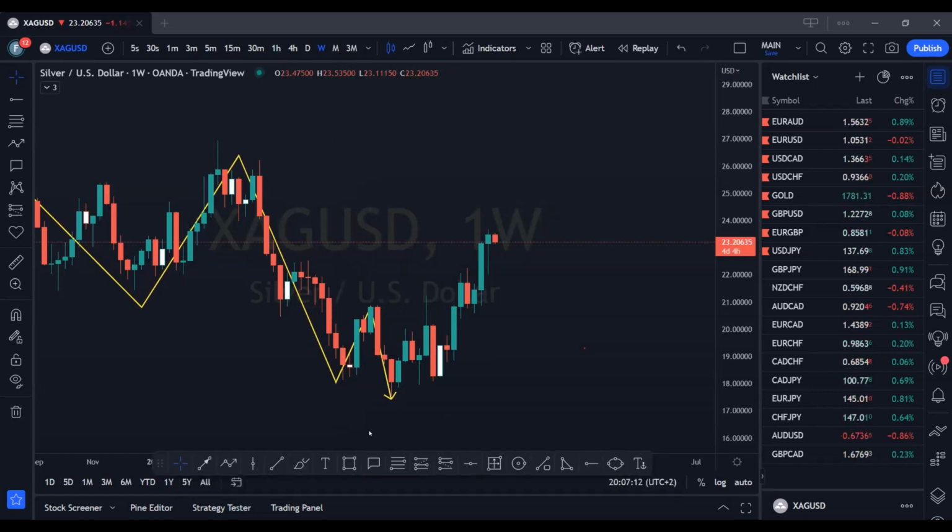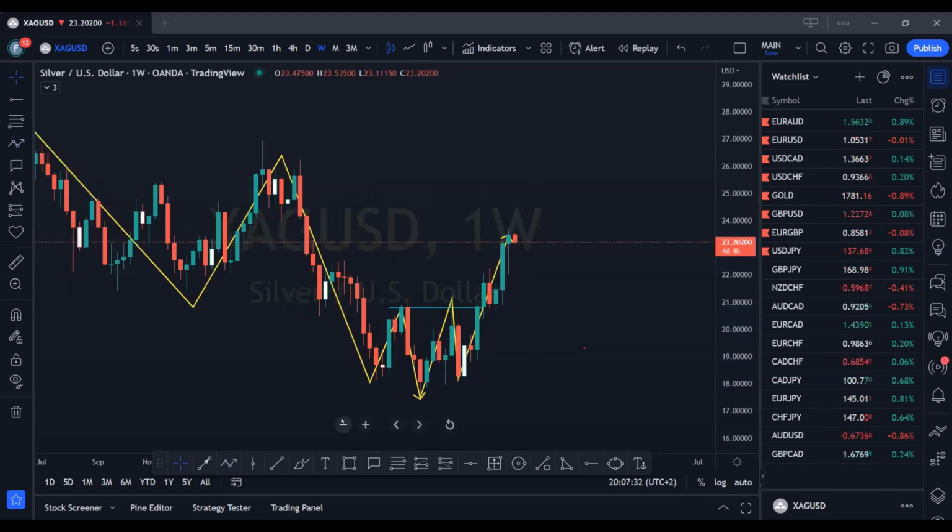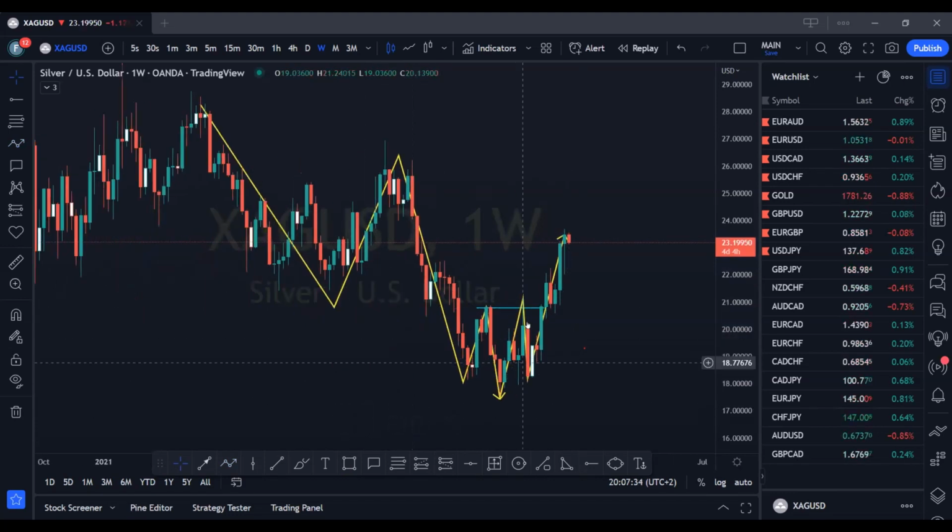Lower high was violated here. Okay. So you can see price doing this little bit here, like so. So on weekly, we've seen a bit of internal structure here.